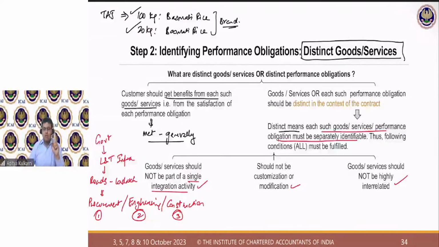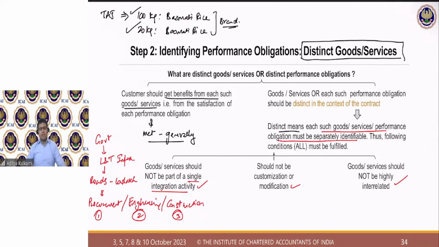And therefore, will these services be distinct in the context of the contract? Answer is no. These will not be distinct in the context of the contract. Okay. Even maintenance for some tenure is going to be separate, but they will not be distinct in the context of the contract.